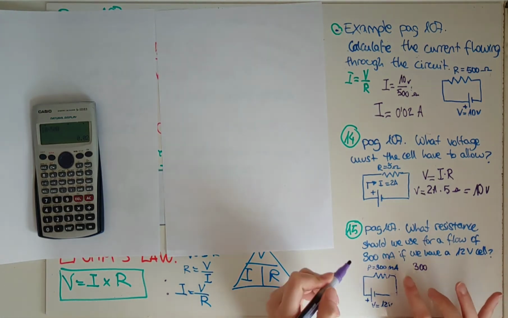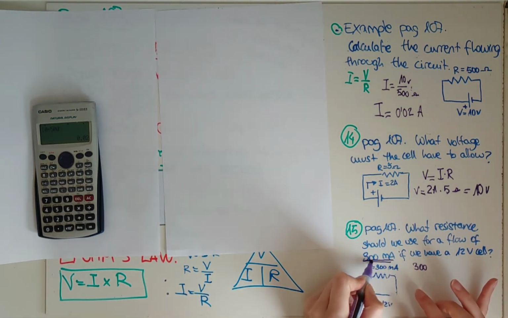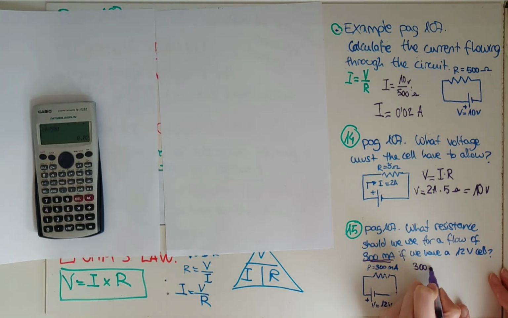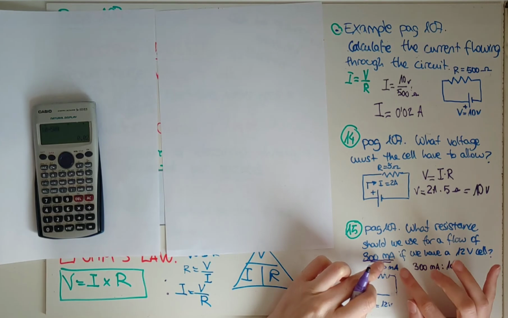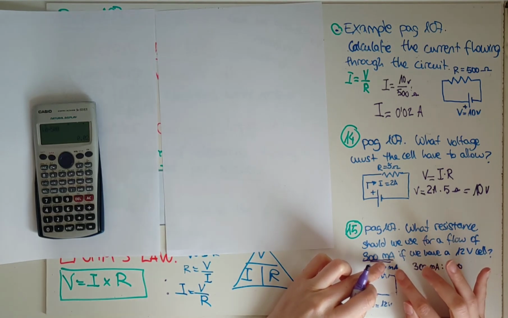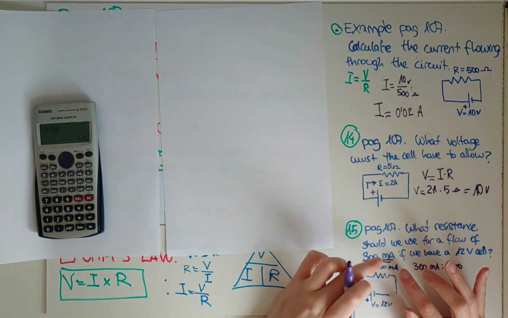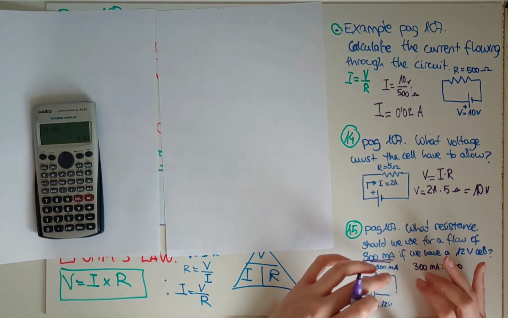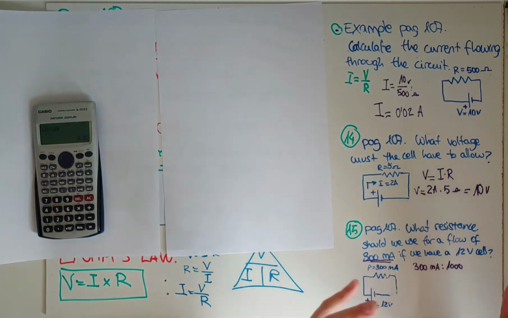I have to convert this, okay? The milliamps into amps. How? Dividing by 1000. It is the same if I tell you milligrams, okay? Or millimeters. It is a divisor of the unit, of amps in this case, or the unit.